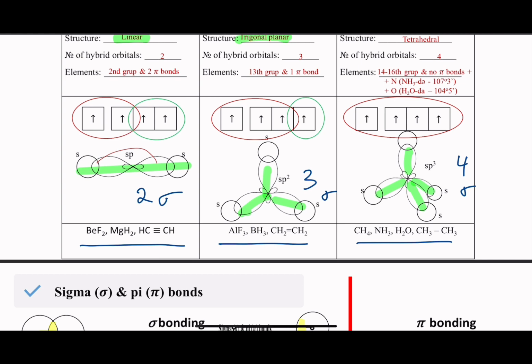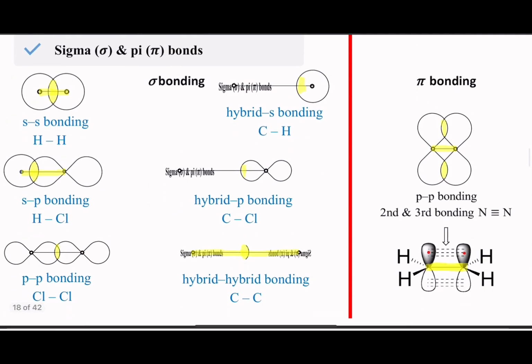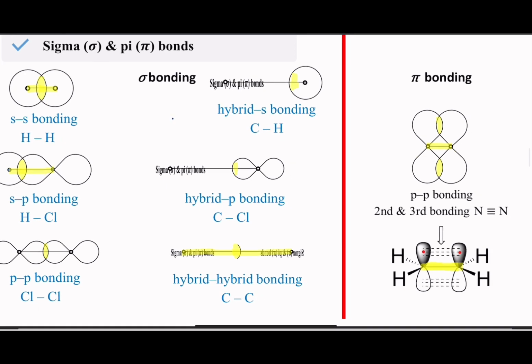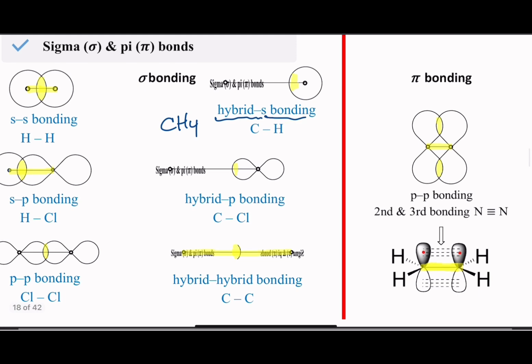For example, in here, these are the ones I showed you, the methane, and these. And these are the example orbitals. I told you when we had, for example, CH4, the carbon, the bond we made was a hybrid orbital with s bonding.